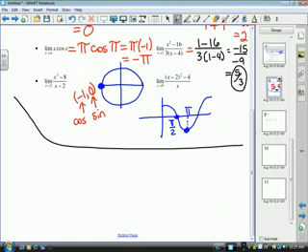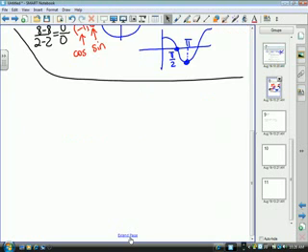Then we get to the next two problems, and we see that direct substitution fails us here, because if I substitute 2 into this problem here, you get 0 over 0. Do you remember from last year what that's called?